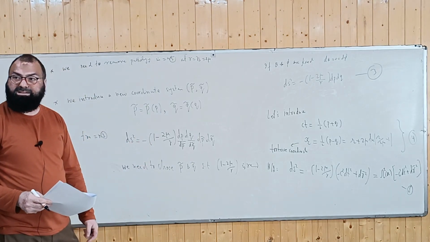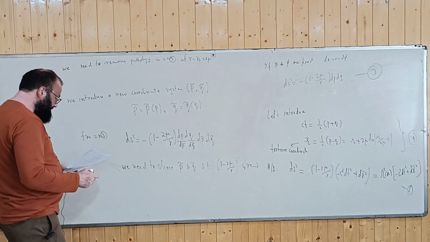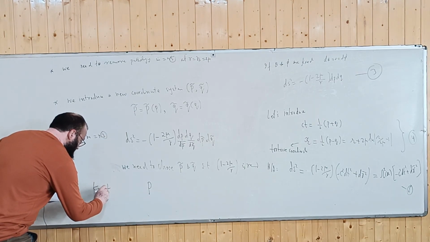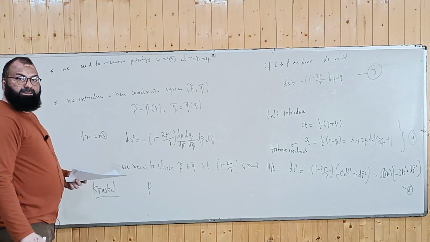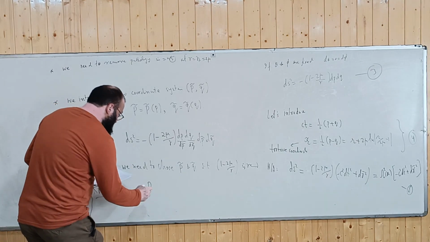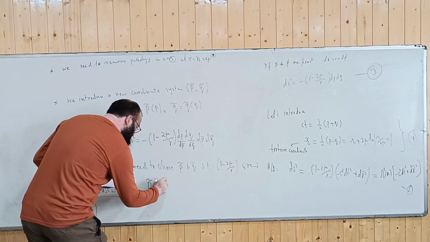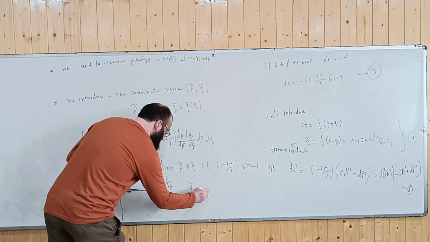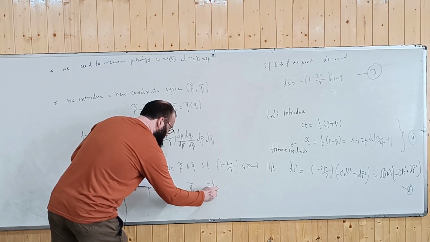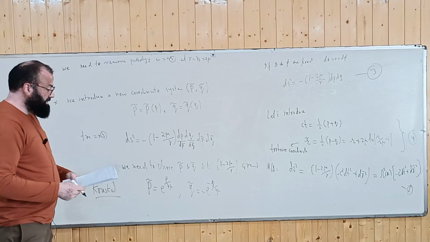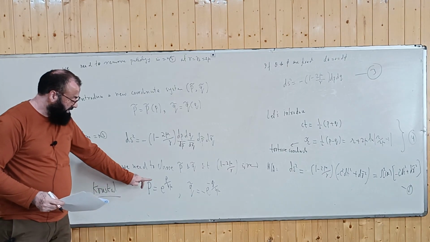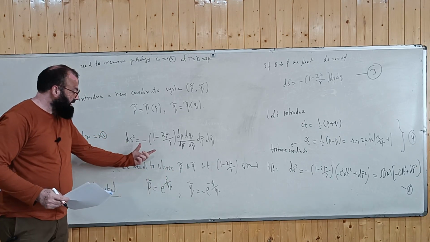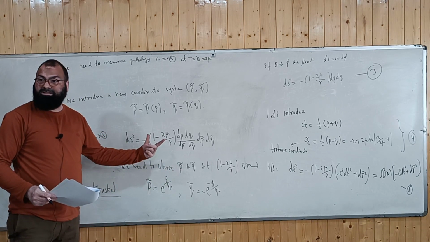This is the attempt of Kruskal. So what he found, this p tilde can be written in the form e raised to the power p by 4 mu, and q tilde as minus e raised to the power minus q by 4 mu. If I write my p tilde in terms of p like this and q tilde in terms of q like that, then I am able to remove this very object.